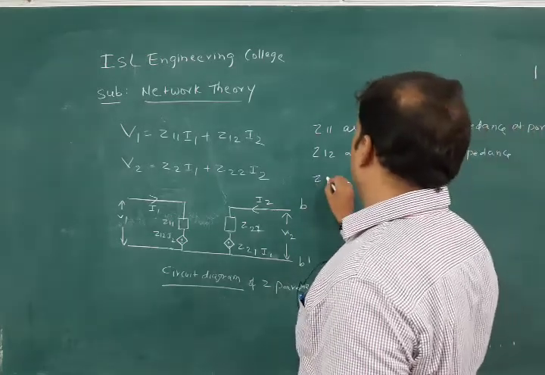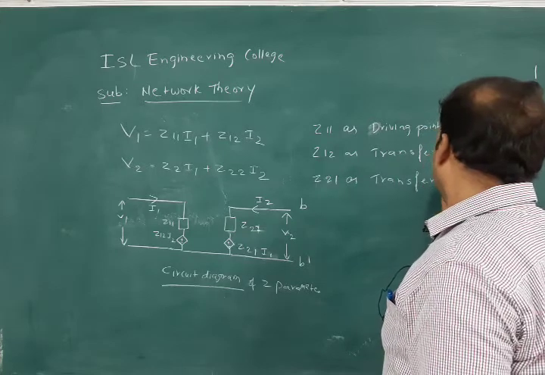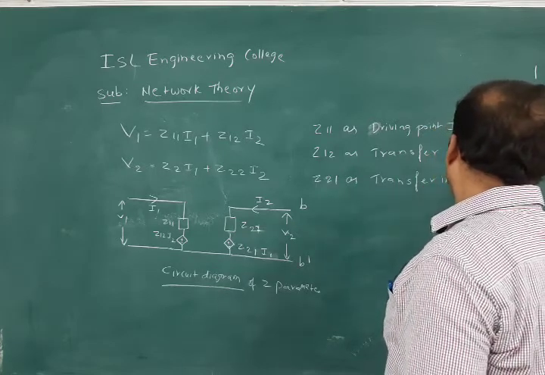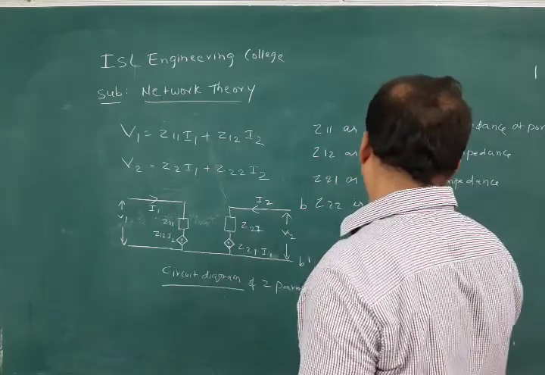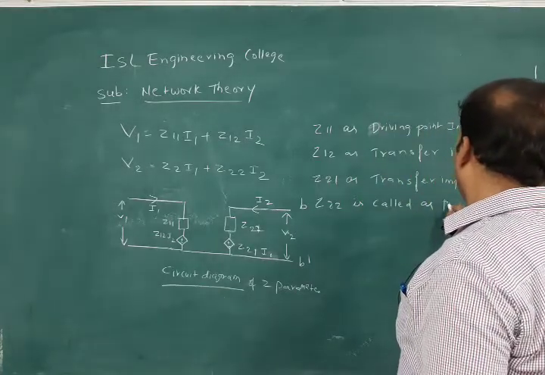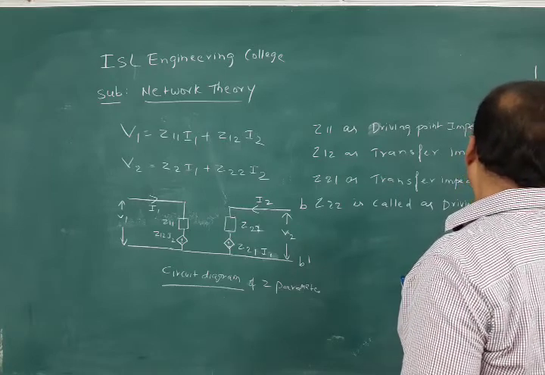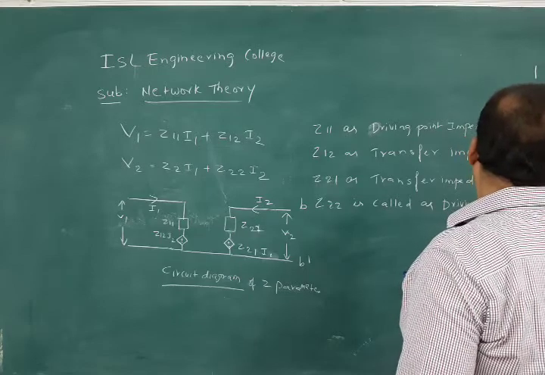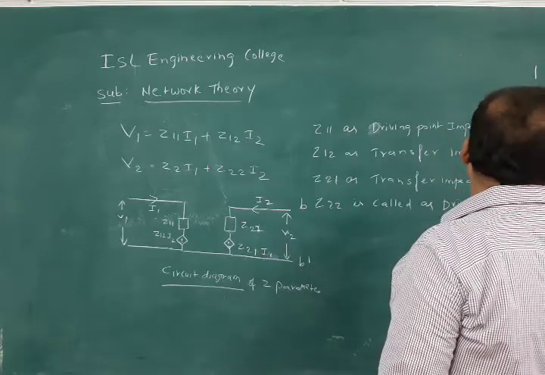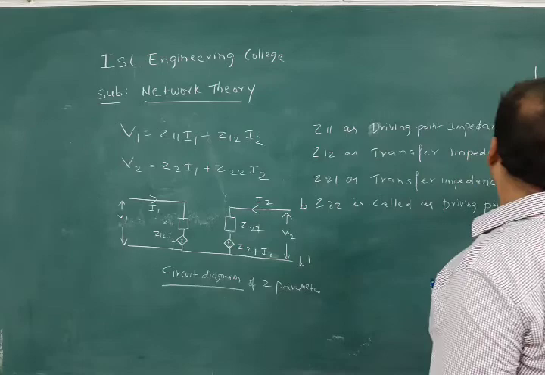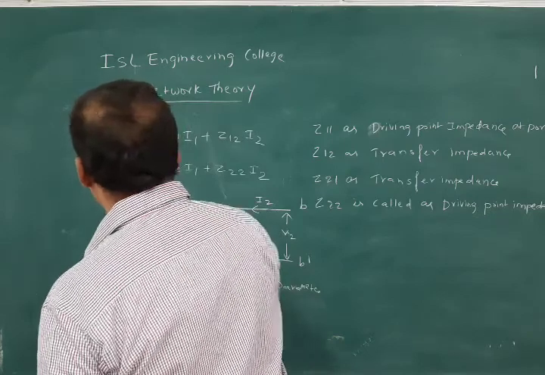Z21 is also a transfer impedance, and Z22 is called the driving point impedance at port 2 dash, or port B dash, and here it is also port A dash and B dash.